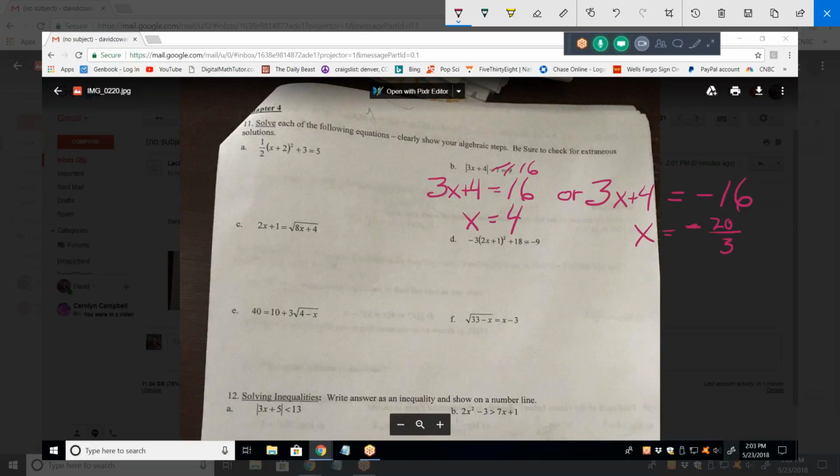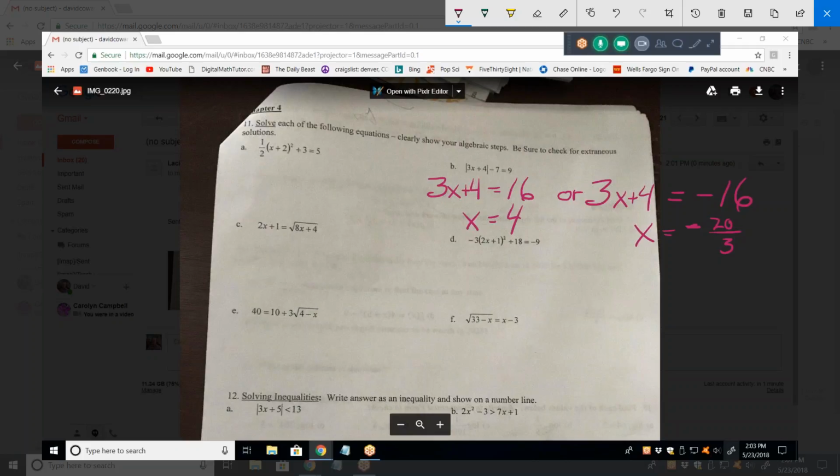Now, absolute value problems are ripe for extraneous solutions. So we definitely want to check both of these. Does 4 work? Hold on a second. Let me erase that. So plug in 4 for x.